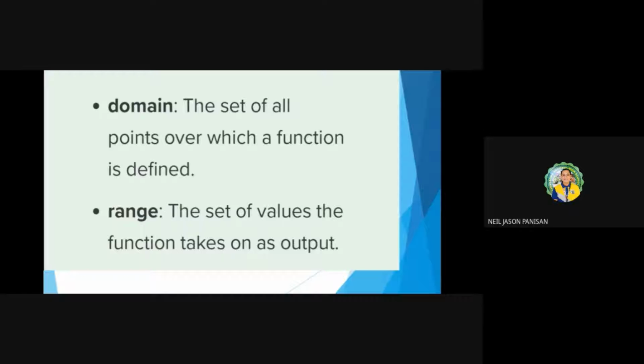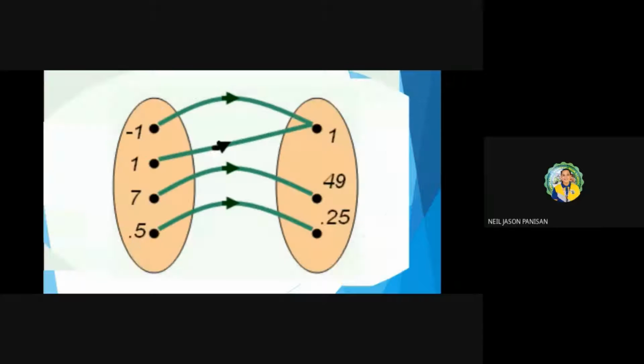So meaning, gadepende ang atong range or the y values kung unsa ang atong gina-input as domain. So just take a look this illustration. So we have two ovals from left and also there from the right.